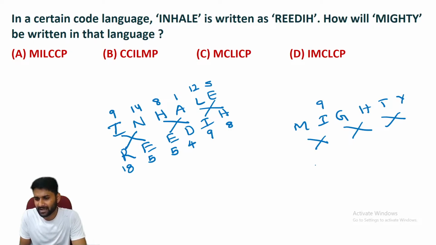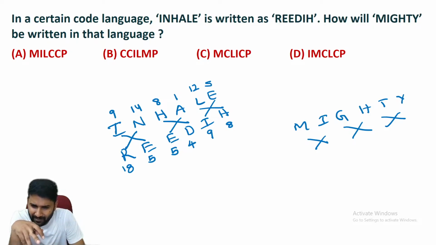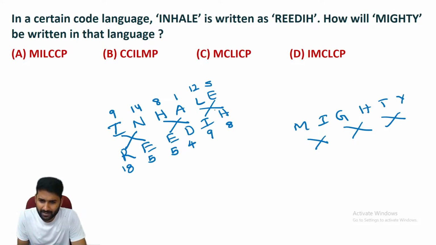So ninth letter, 9 minus 4, fifth letter is E. 8, 9, 9 minus 5 is 4, fourth letter is D. Minus 4, 1 minus 4. So minus 4, 5, plus 4. So I is 9, 9 plus 4, the 13th letter.